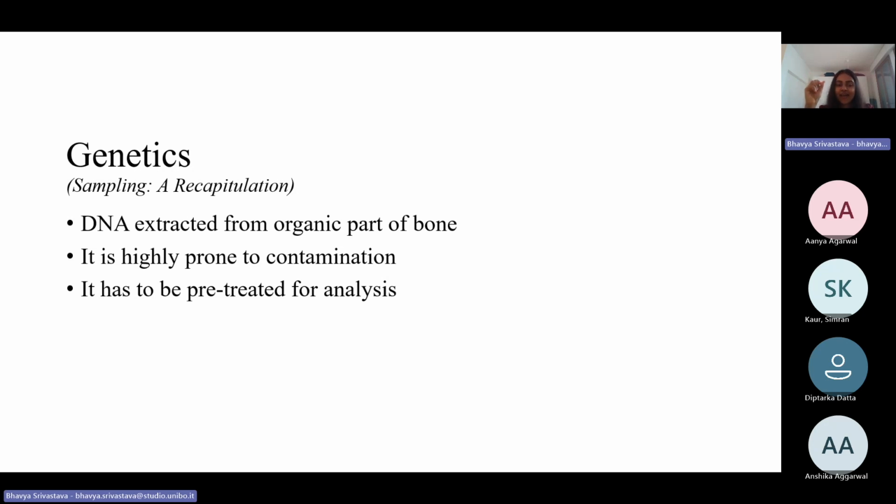So it's again a very tricky affair to extract a sample DNA, and then it has to be pre-treated for any sort of lab analysis, mechanical, chemical, and the researchers have to be very careful to not create any sort of biological contamination even in the laboratories. So this I think is very clear.